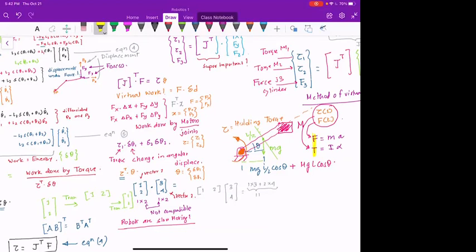Do you agree with me? But with method of virtual work, everything becomes super simple. And that's why I'm a strong proponent of teaching method of virtual work in statics and dynamics. And I used that exclusively when I taught statics and dynamics.